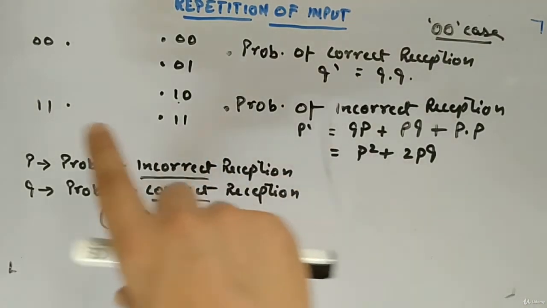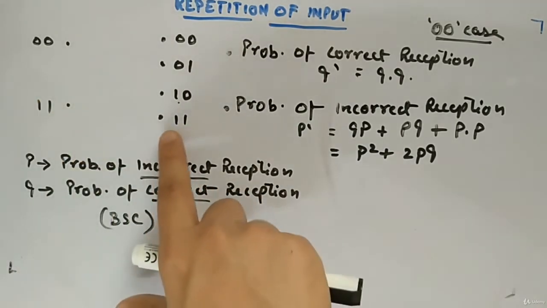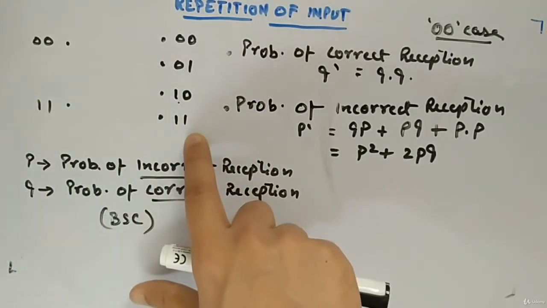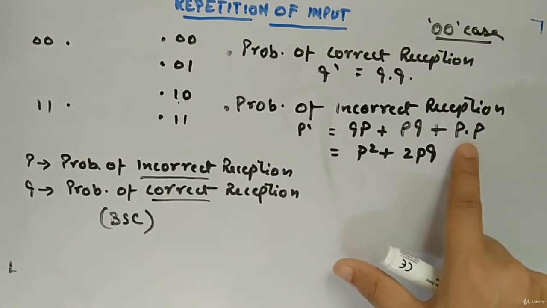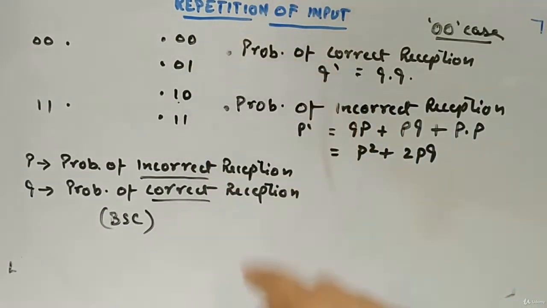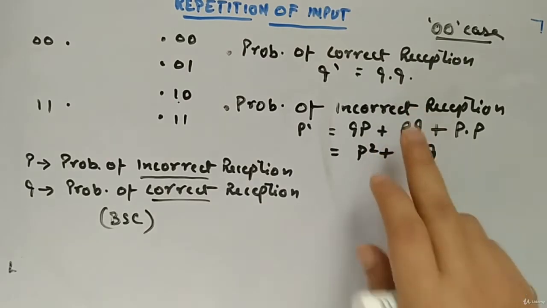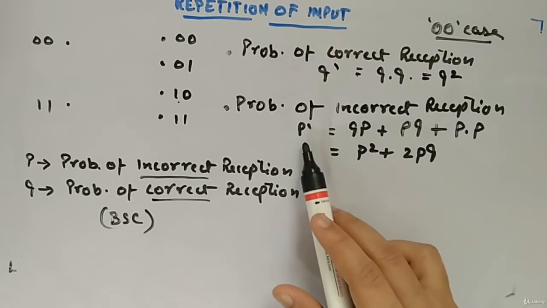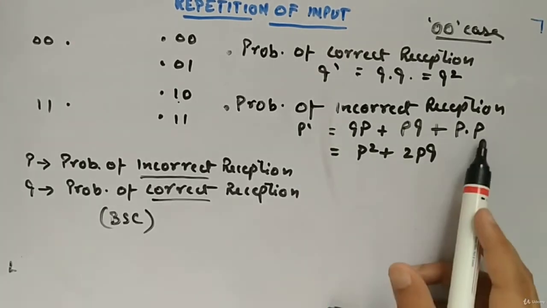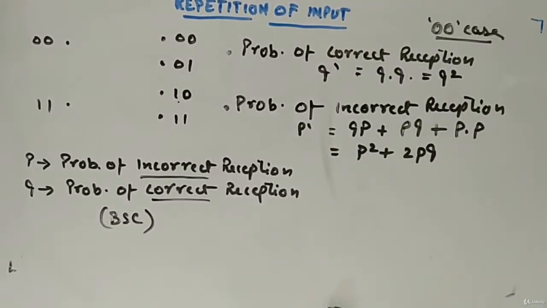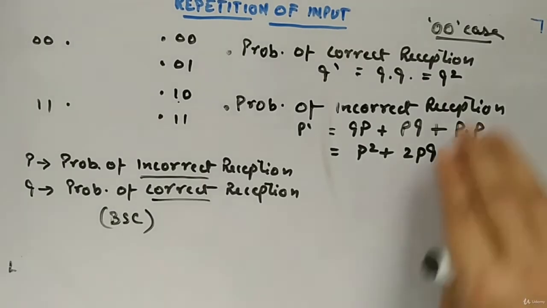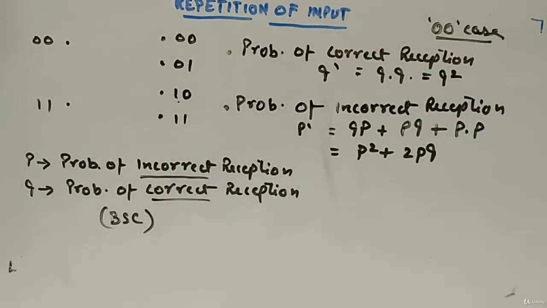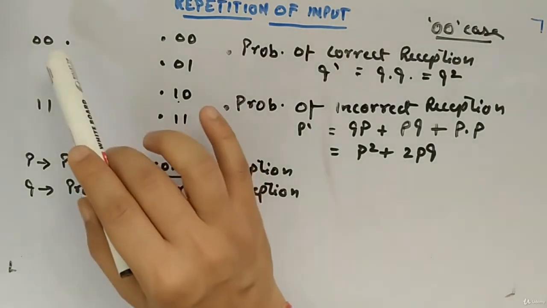And in the last, both are incorrect: you send 0, you get 1, you send 0, you get 1. So P into P. If we get any of the three symbols, we say it is incorrect reception, that's the reason plus is there. So correct reception is Q into Q, that is Q square, and incorrect reception P dash is P square plus 2PQ. Okay, so this is the case of 0, 0 when you are sending the 0 bit.